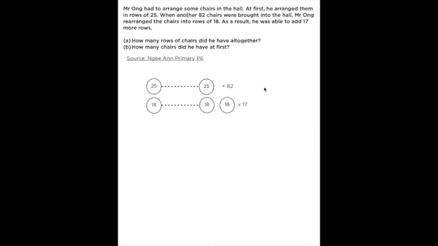So if you look at these two rows, 25 dotted line, 25 plus 82, the sum total of these chairs is equal to the second row, 18, except all the chairs here, okay? Rows of 18 plus another rows of 18 times 17.